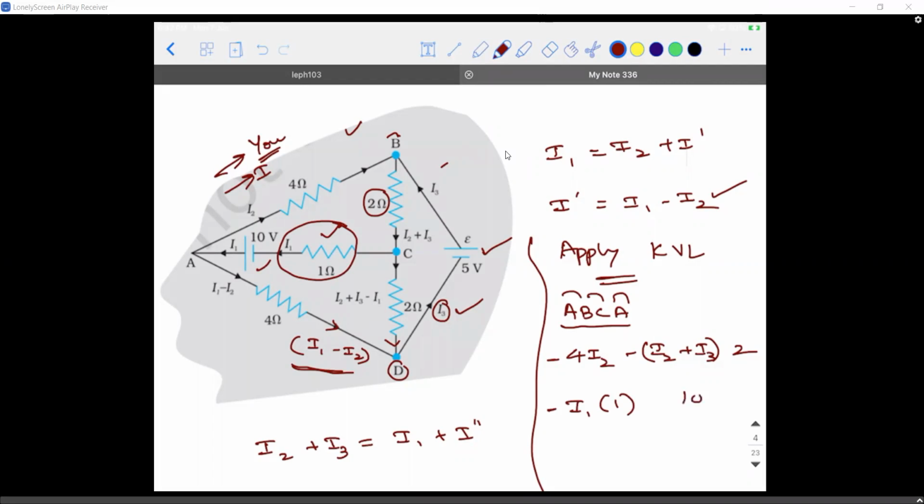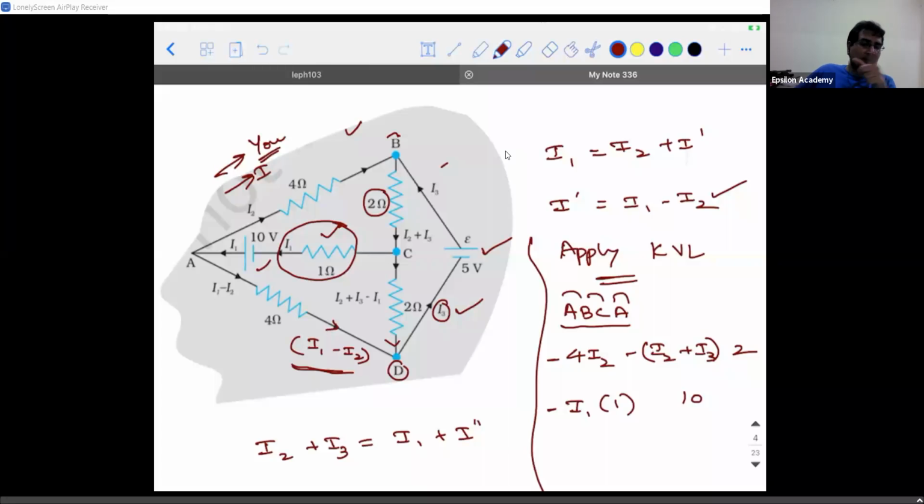And you have an EMF of 10 volt. Across the 10 volt, when you're going from C to A, you're walking from lower to higher potential. Lower to higher potential is positive. Okay. Sum of all these values put together is 0. This is the meaning of Kirchhoff's voltage law. Did you guys understand?